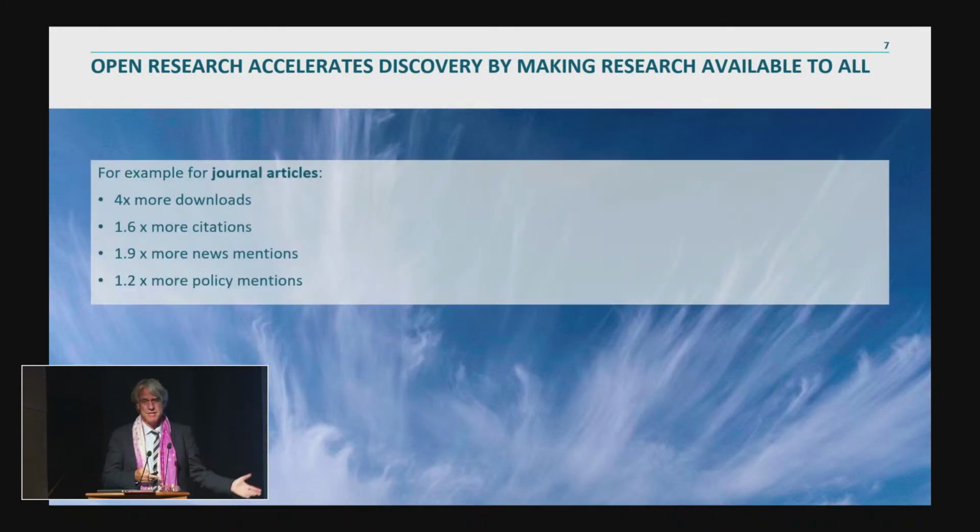So when you have an article which is open access, we know from our research, and that is very commonly known in the community, we've got 4 times more downloads of those articles, we've got 1.6 times more citations, and we've got more news mentions and more policy mentions.